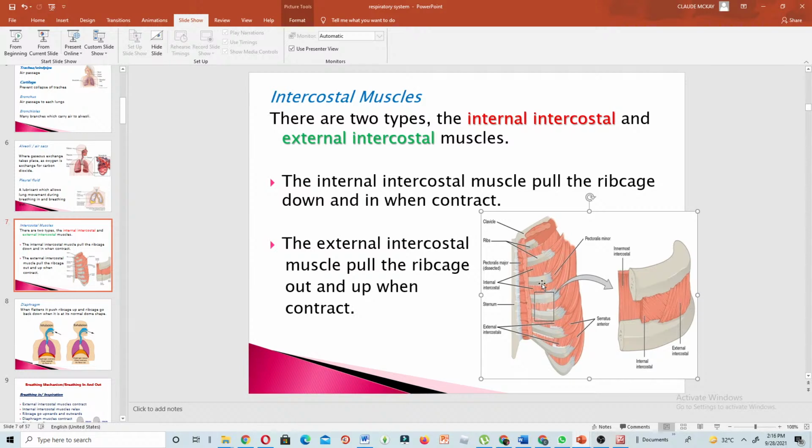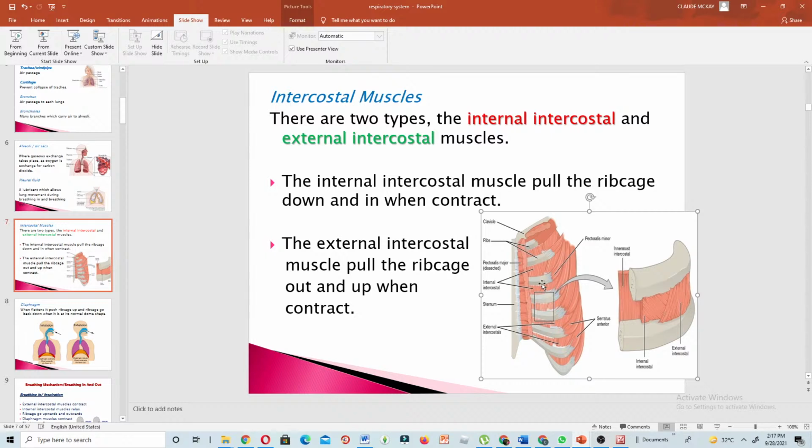When the external intercostal muscles contract, they pull on the rib cage. They basically pull the rib cage up and then pull the rib cage out. If you put your hand on your chest now and make an upward movement, that means you move your hand up and then you move it out. When you look at the hand, you will realize that a lot of space is now being created.